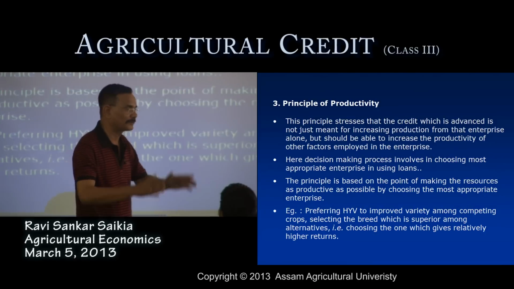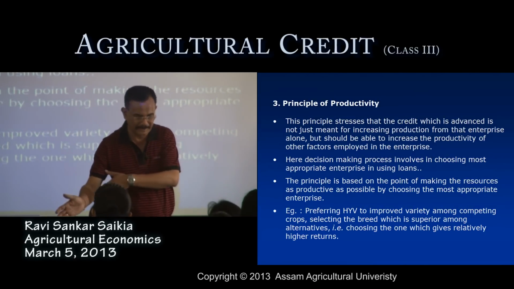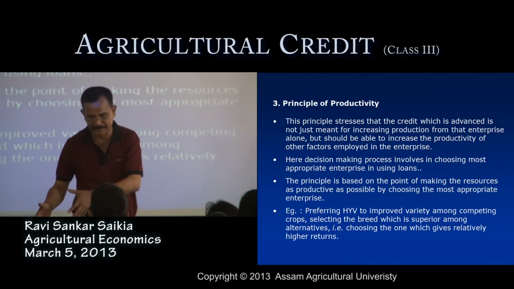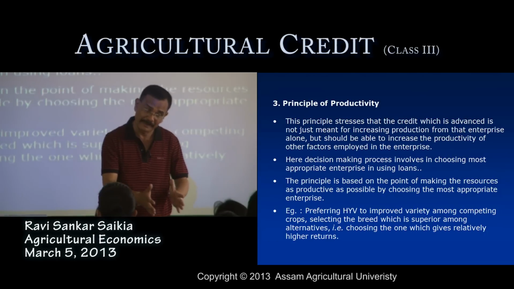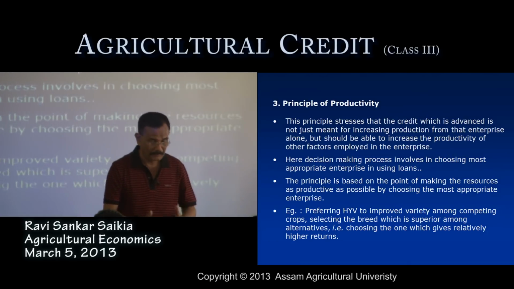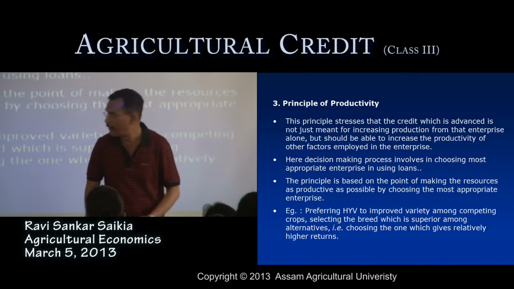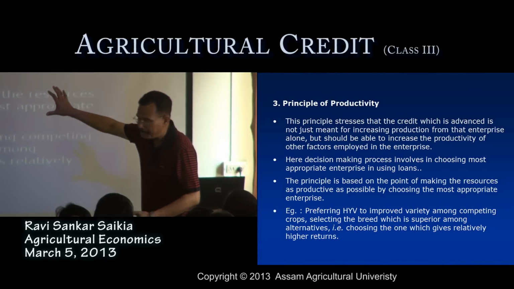Selection of the enterprise, a combination of both, suppose a crop along with livestock. So what type of livestock should we consider along with the major occupation of the crop, and it should be an economical enterprise so that we can go for minimization of cost. All these things are generally considered in the principle of productivity.